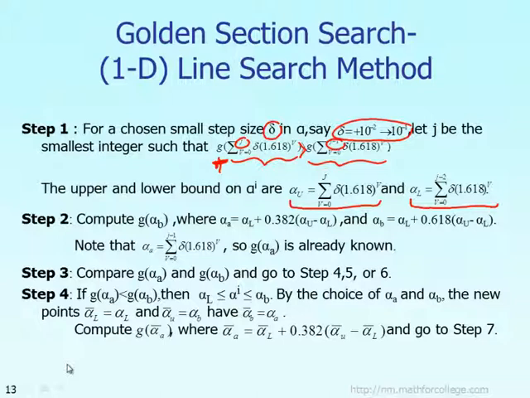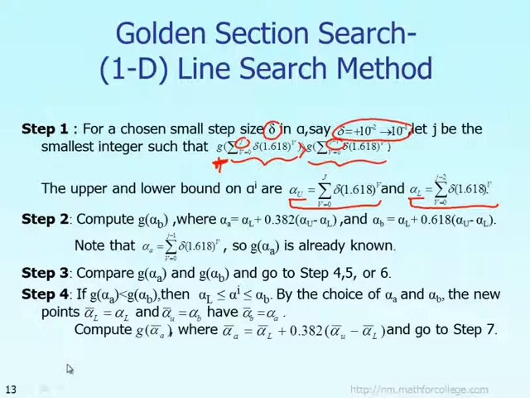And then step number 2, once you know the initial upper bound and the initial lower bound, you try to figure out two interior points. But keep in mind that among those two, one of them you already know.